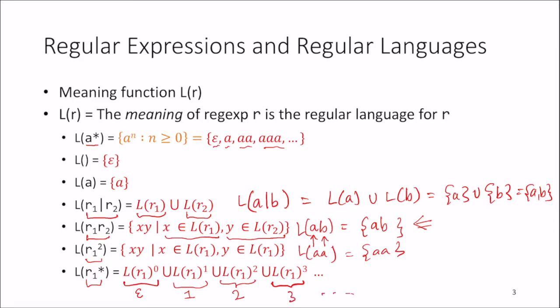So this creates a set of strings which we define as R1 star. As you can see, this would be an example of taking A star and converting it into a regular language for A star.